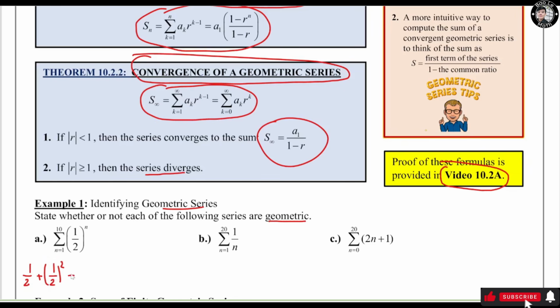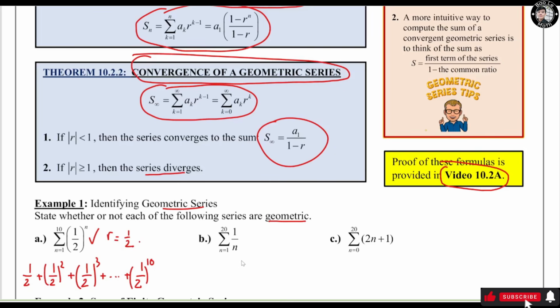N equals 3, we have 1 half to the power of 3, plus etc., until n equals 10, 1 half to the power of 10. Now, in order to get the second term from the first term, we multiply by 1 half. So this is a geometric series with common ratio equal to 1 half.